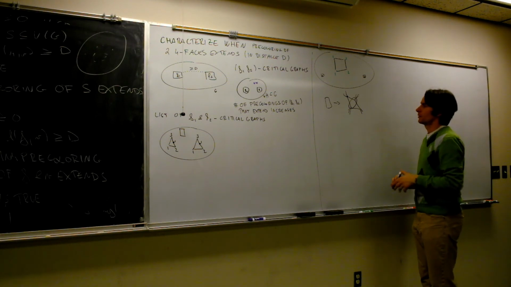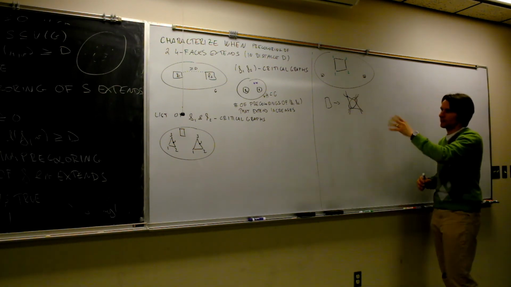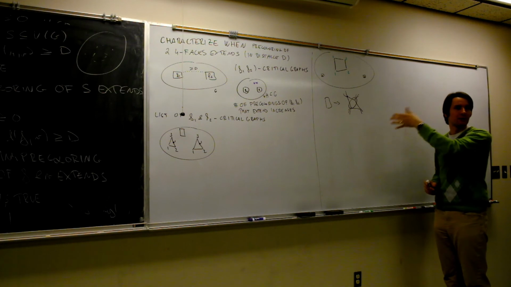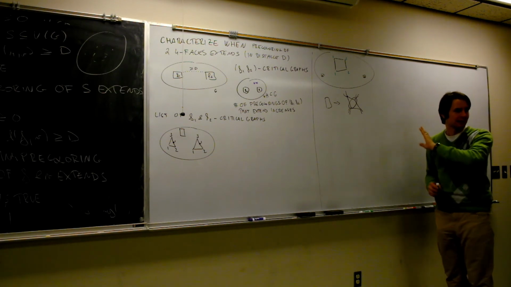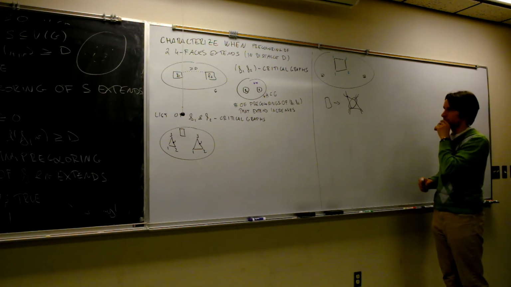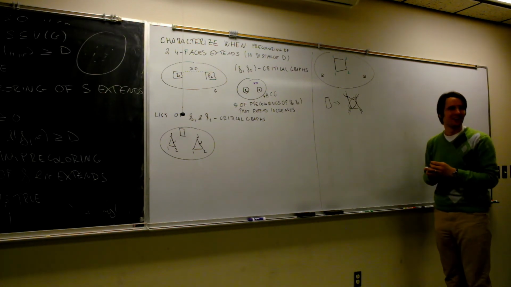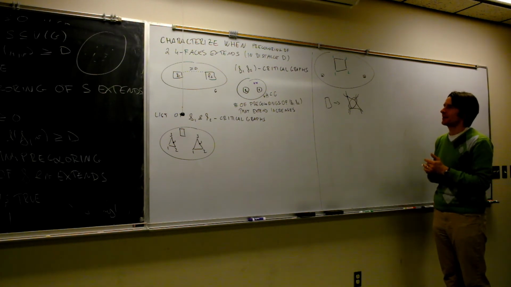And you can show that in at least one of them you don't create triangles. So if you have a four face, you can keep contracting the four faces. You can do it almost always, except one case.